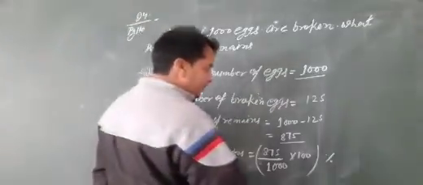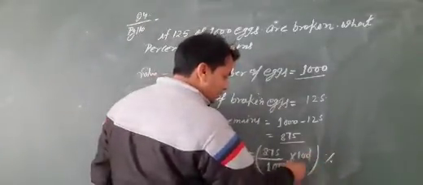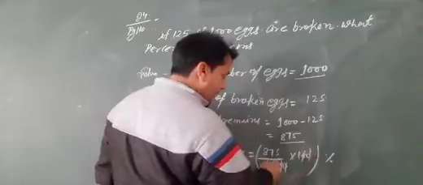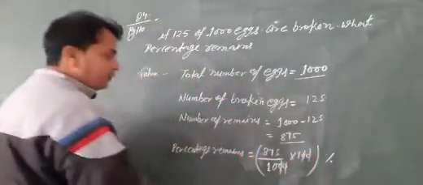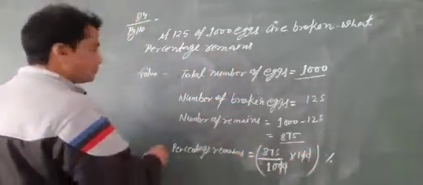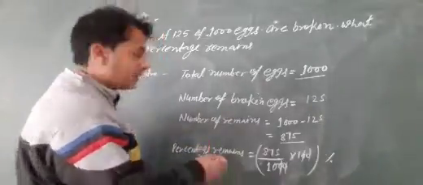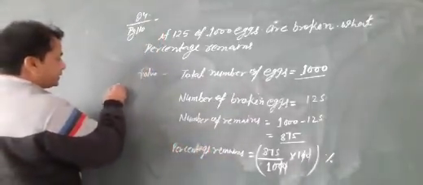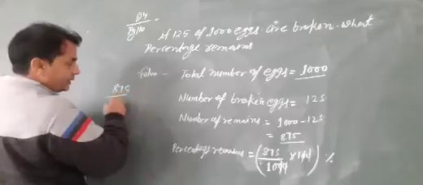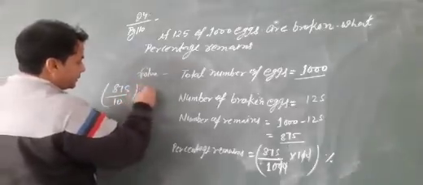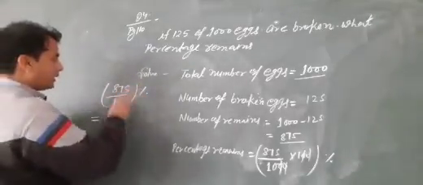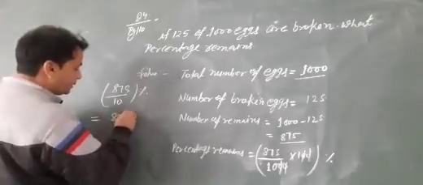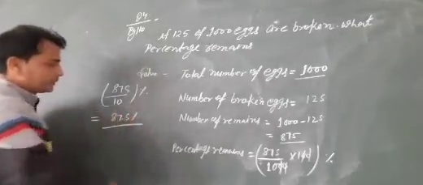Simplify: cancel the 0, and 875 by 10%. So we can write 87.5%.